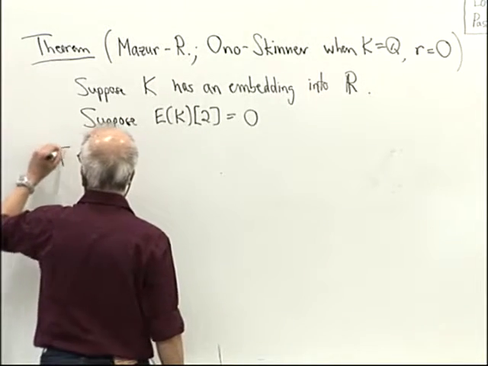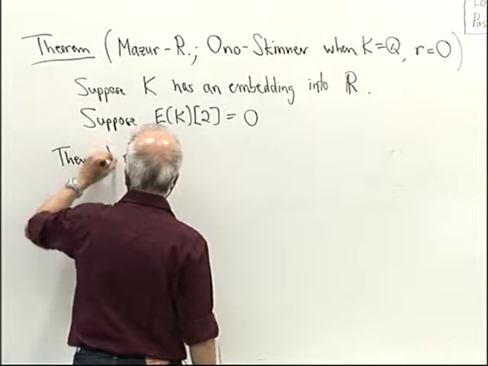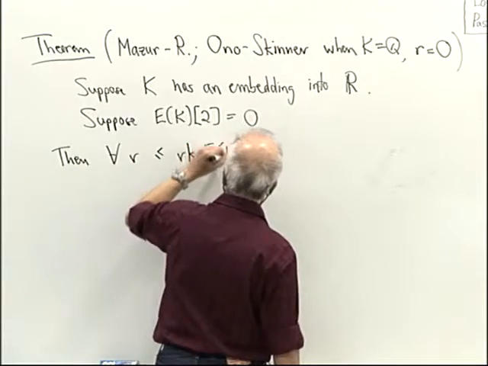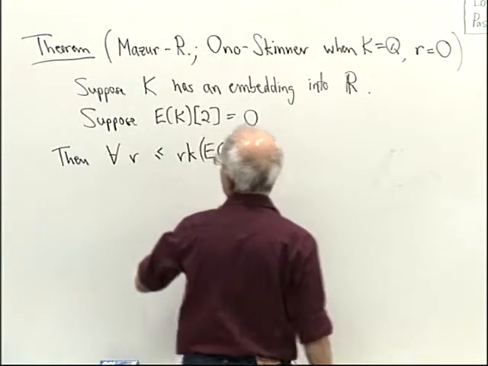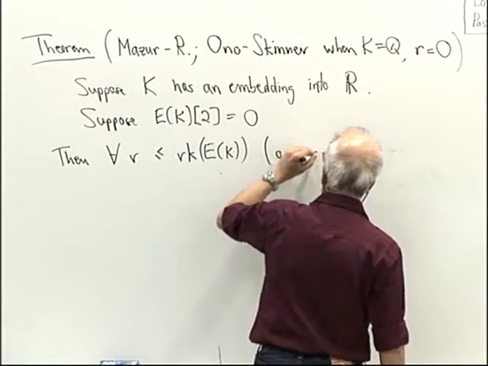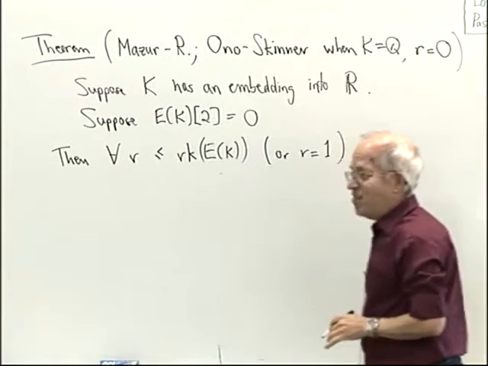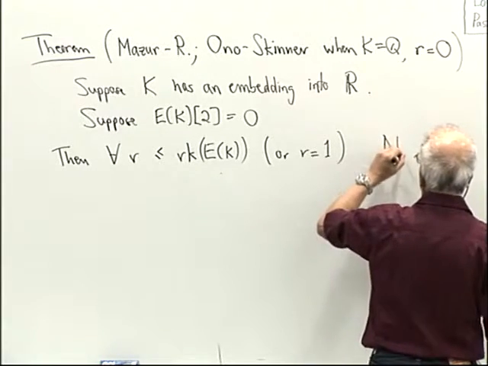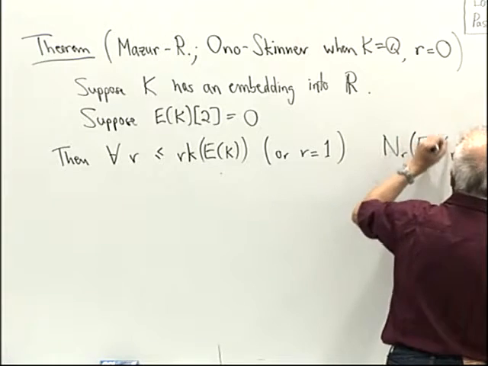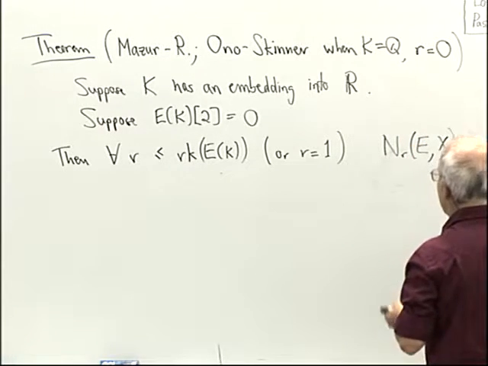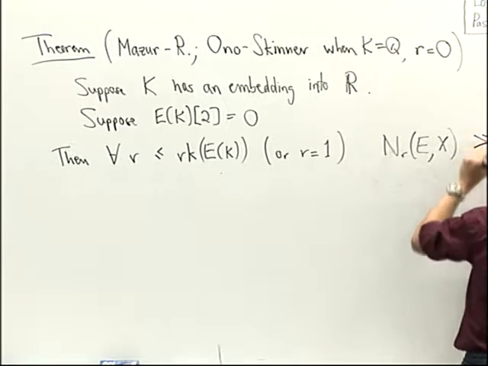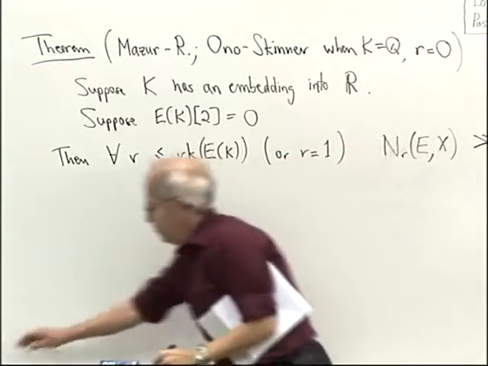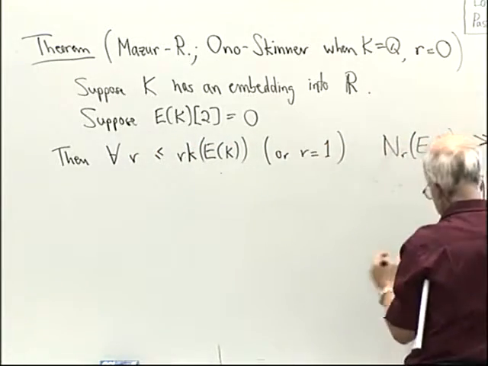Then for every r less than or equal to the rank of the curve you start with, or r equals 1 if the curve you started with happened to have rank 0, n sub r, the number of twists of Selmer rank equal to r, is at least a constant times x over log x to the 2/3.